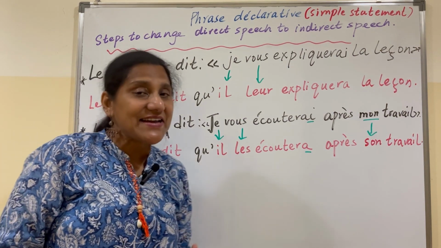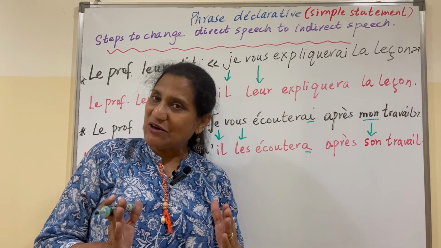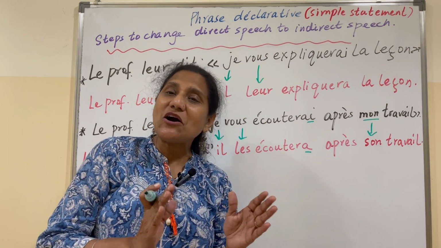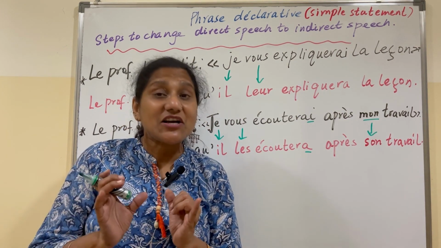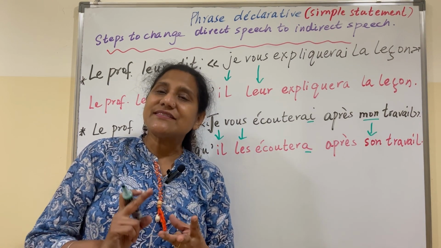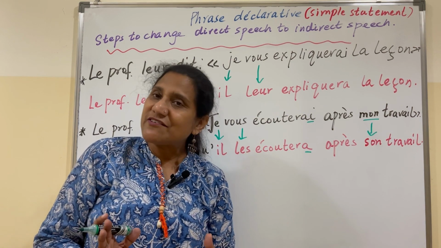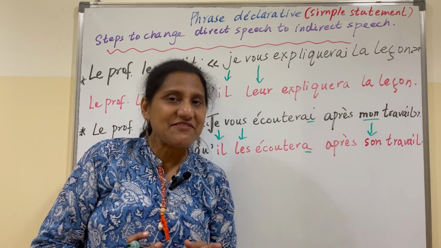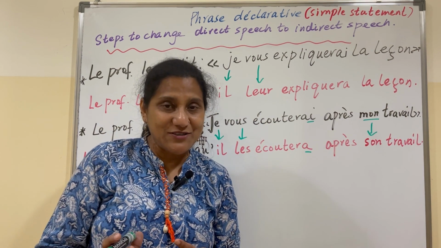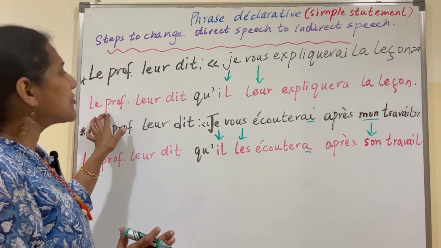To change from direct to indirect, write out the main clause, remove the colon and the quotes, join the main clause with the subordinate clause with que, change the subject pronoun, the verb, the direct or indirect object, whatever is there in the sentence, as well as the possessive adjective, according to who's speaking to whom in the main clause. So what does my main clause say? Le prof le dit.